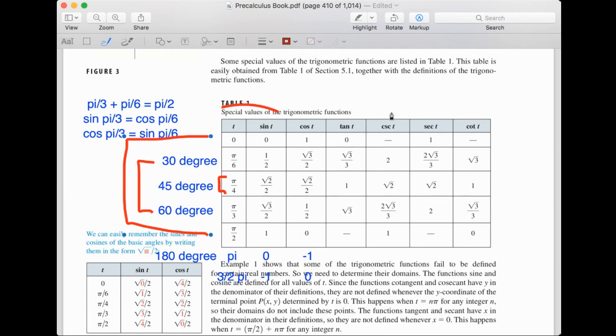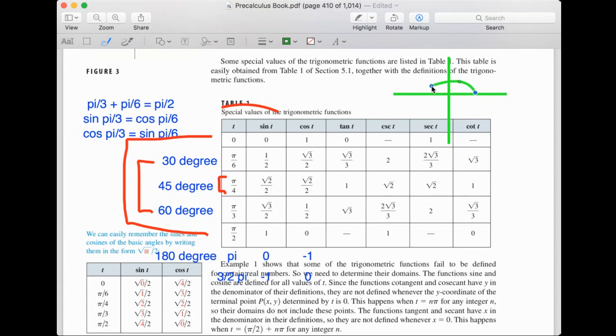Okay, let me draw this. We're starting from 0, which is on the positive side of the x-axis. We run up to here, 90 degrees or pi over 2. We run up to here, 180 degrees or pi.